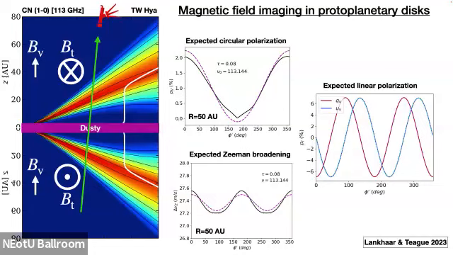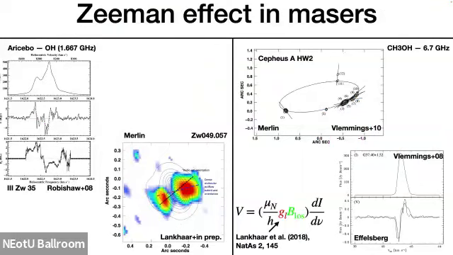For protoplanetary disks, as all accretion disks, the toroidal magnetic field component changes sign through the midplane. So what we see in the circular polarization is a very much diminished signal, whereas the Zeeman broadening is not diminished at all, and it's a much more sensitive tracer of the magnetic field. Also, the linear polarization is quadratically dependent on the magnetic field strength, so it's much more sensitive to tracing the magnetic field. The Zeeman effect also occurs in masers.